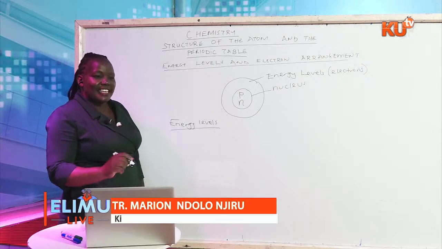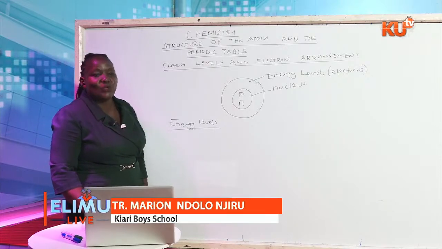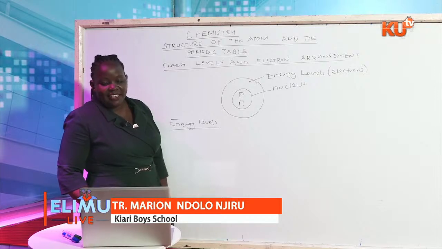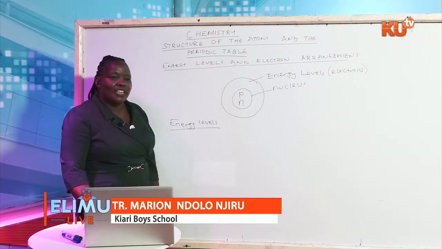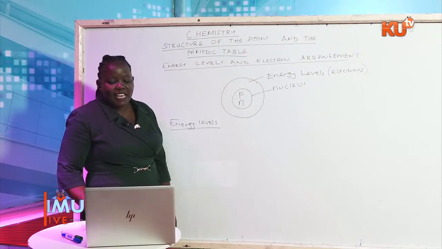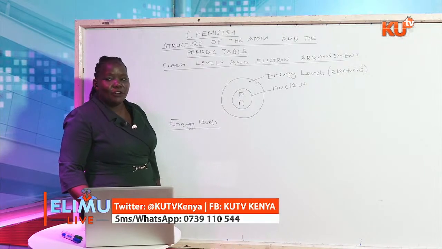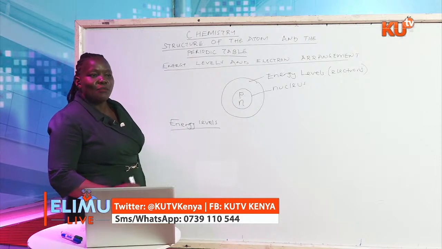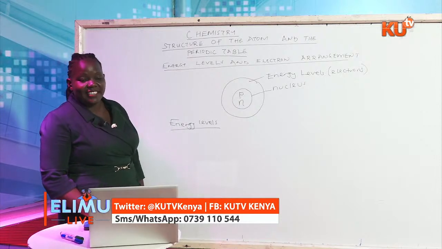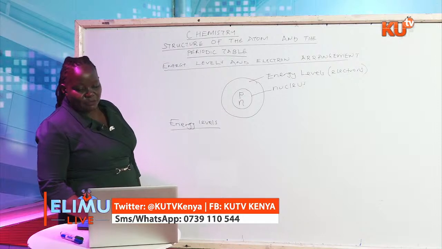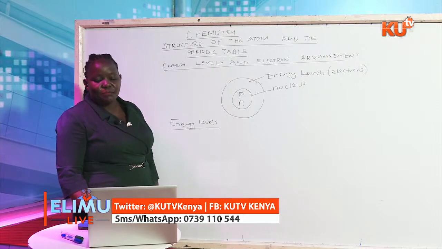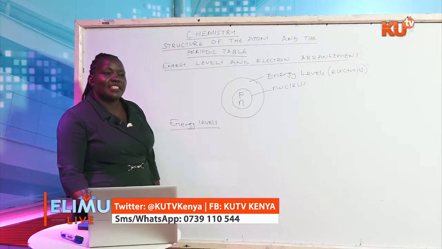So the first energy level, the one next to the nucleus, carries a maximum of 2 electrons. Then the second energy level carries a maximum of 8 electrons.